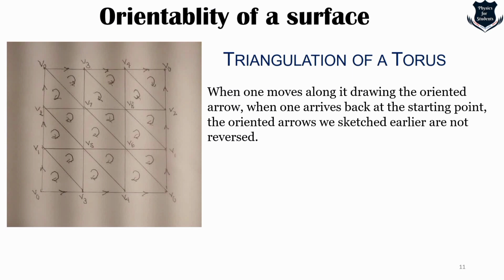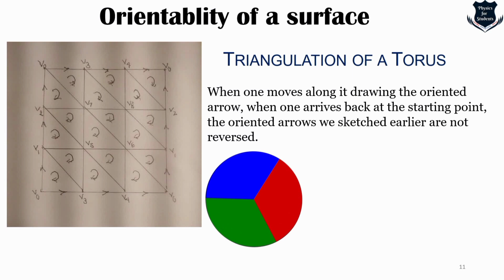Now a surface is orientable when one moves along a drawn oriented arrow and arrives back at the starting point, and the oriented arrows we sketched are not reversed. So that is what is important. That means the direction is the same.